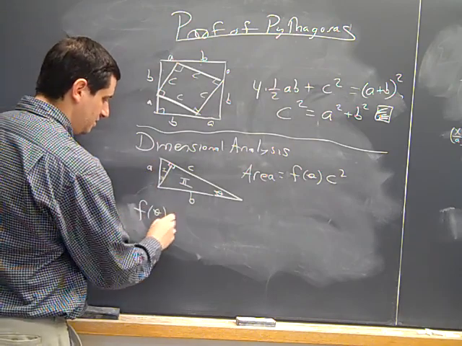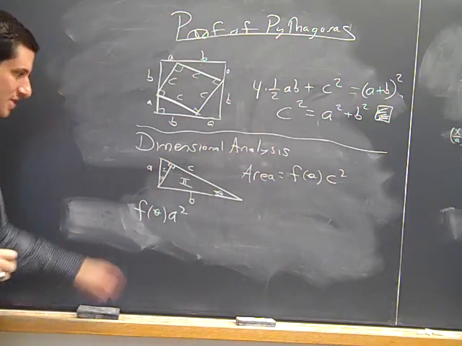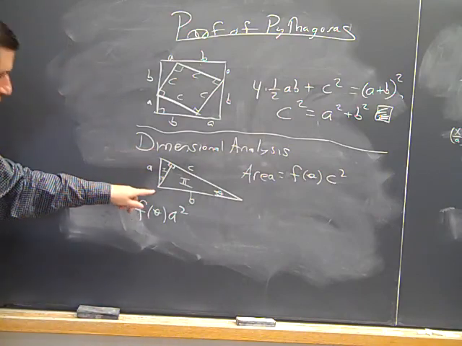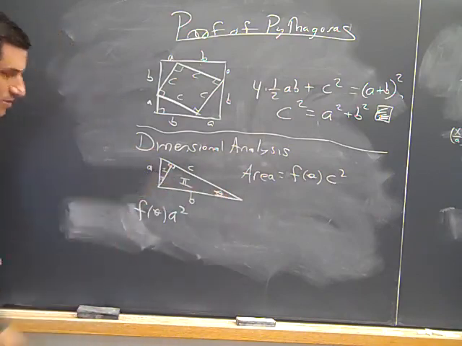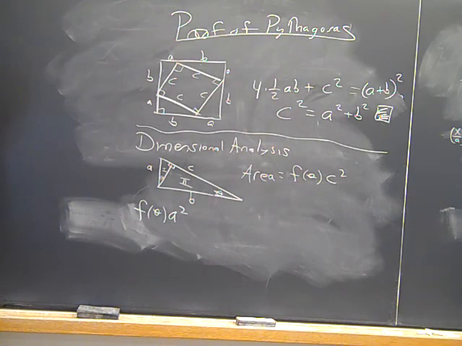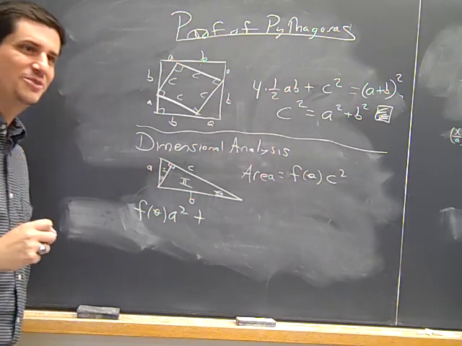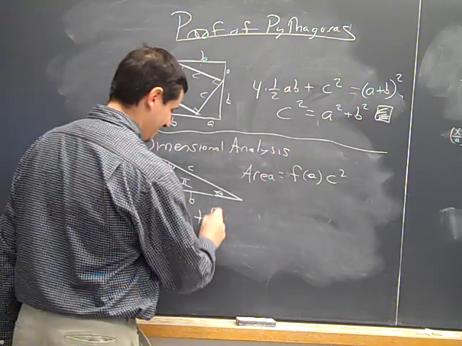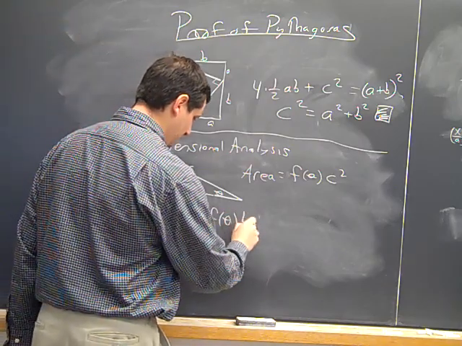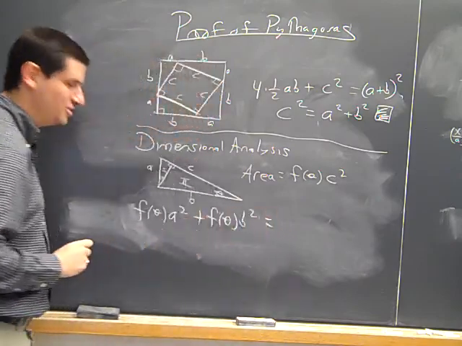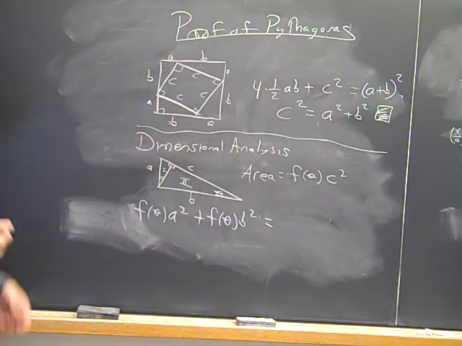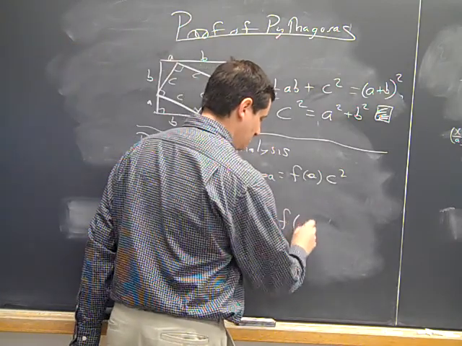F of theta times a squared, because its hypotenuse is a. What about the medium triangle? Does it have an angle theta? What's its hypotenuse? Its hypotenuse is? Some of you see the punchline coming. And since the two triangles fit together so nicely, it's f of theta times b squared, and the big one is f of theta times c squared.